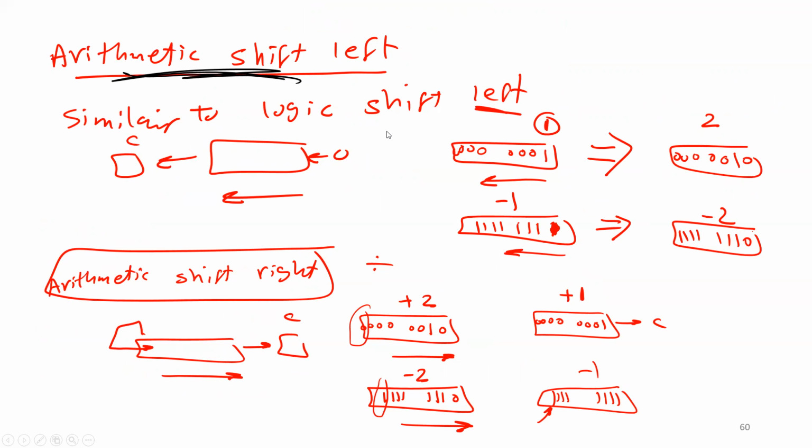Yes, it's the same. So in case of shift left, both the arithmetic and the logic are the same. They are doing the same thing. When you shift in 0, the last bit is going to go to the carry. Both of them are the same. However, in case of shift right, they are not the same. They are different.